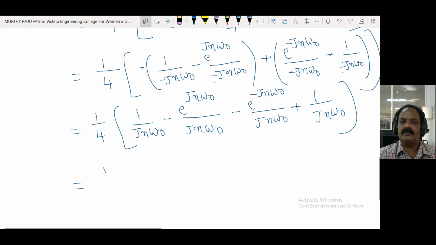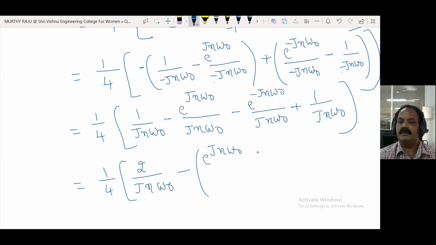That is equal to 1 by 4. 1 by j n omega naught plus 1 by j n omega naught is 2 by j n omega naught, minus e power j n omega naught plus e power minus j n omega naught by j n omega naught.